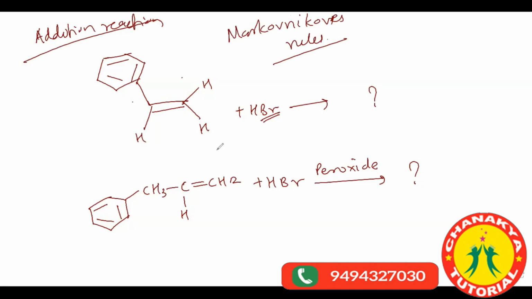You can see this carbon is a primary carbon, attached to two hydrogens. But this carbon is attached to one aromatic ring and the carbon-carbon double bond, and only one hydrogen is present here. Because of that, bromine would prefer to go to the secondary carbon, correct? And hence your product would be what?